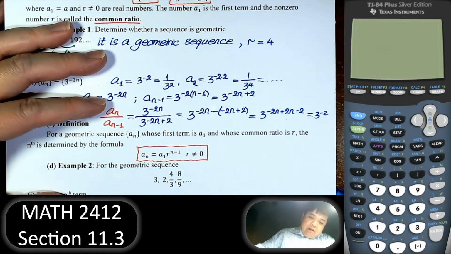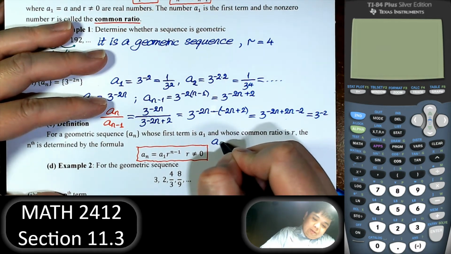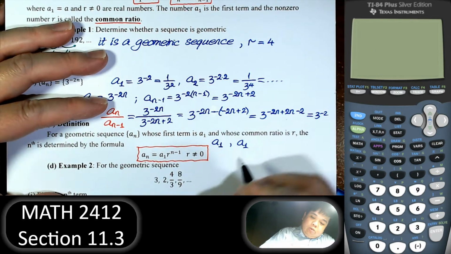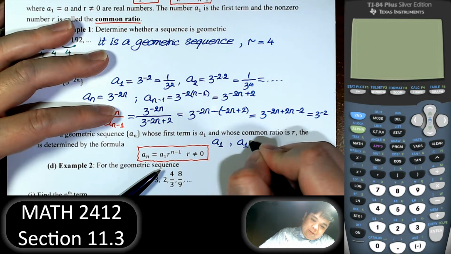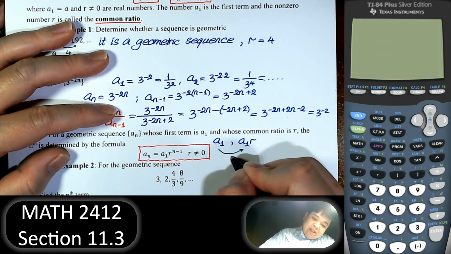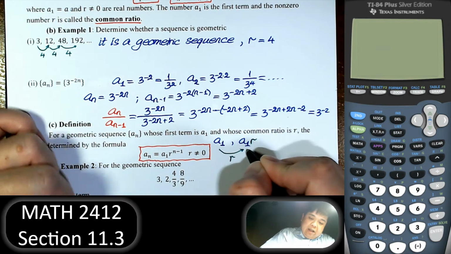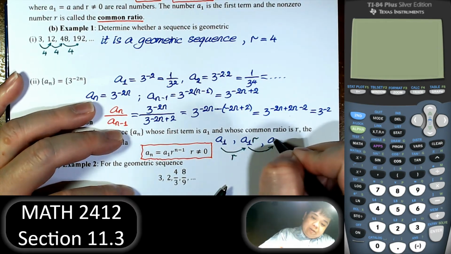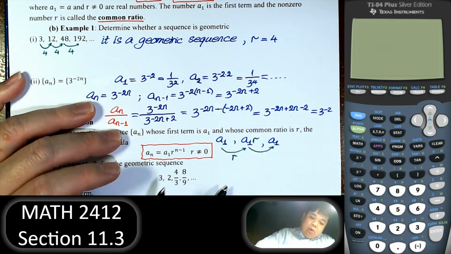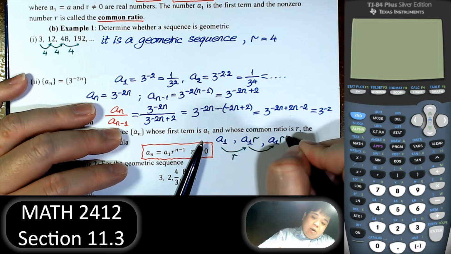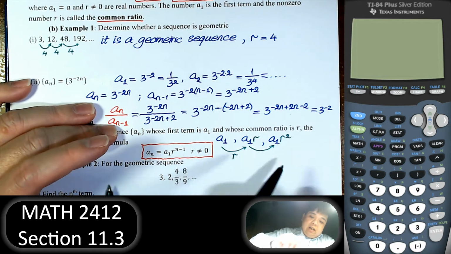If we start with the first term, to get to the next term, we multiply by r, and we will multiply by r again to get from this term to the next. So we have an r already, then we multiply by r again, so make it a square.